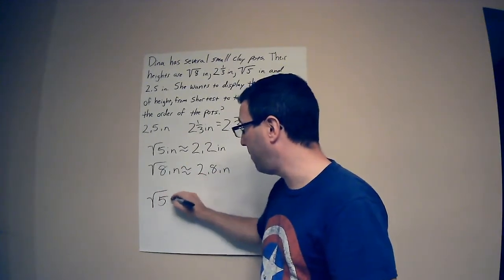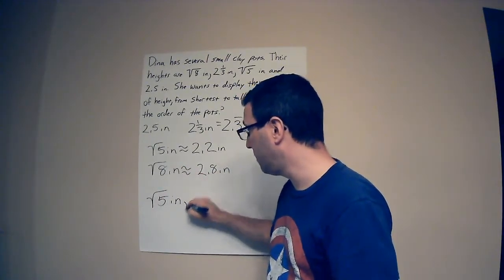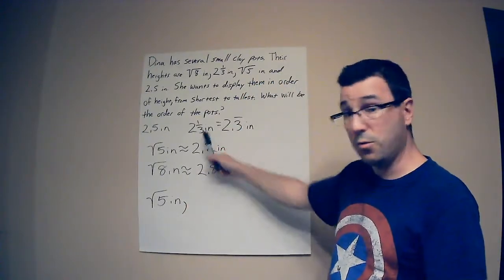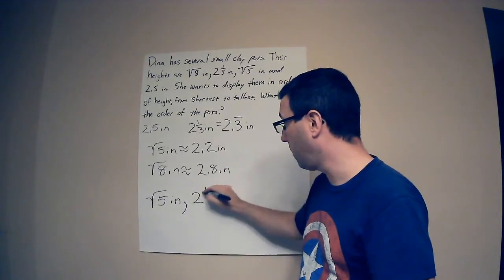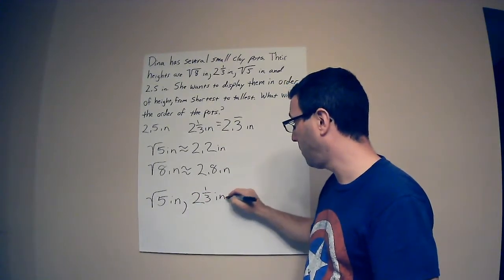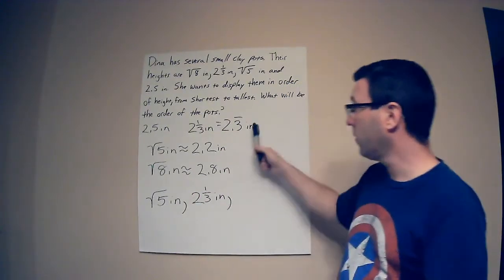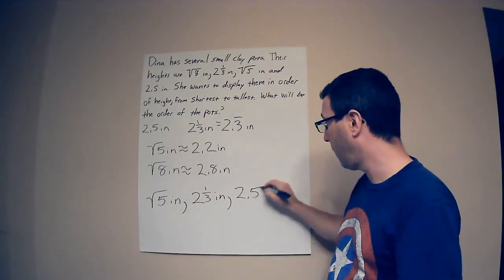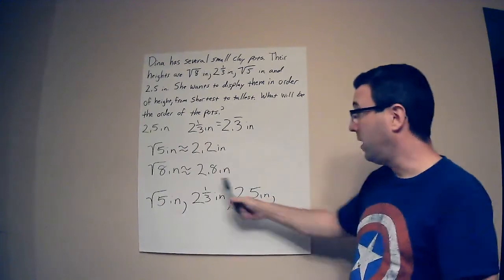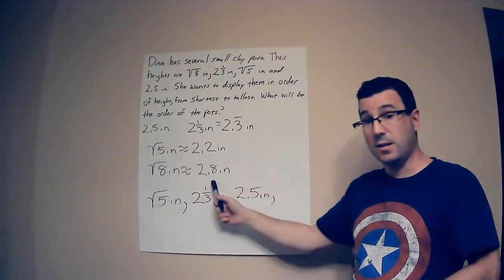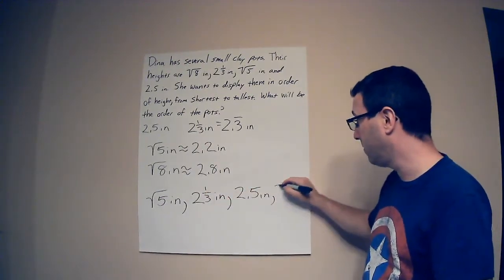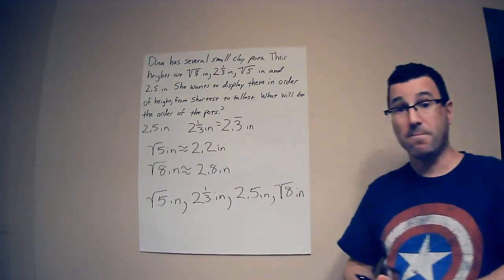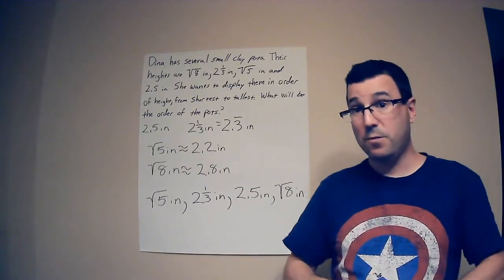Square root of 5 inches, followed by the 2 1/3 inches, followed by 2.5 inches, and finally, since square root of 8 is 2.8 inches, that's the tallest pot.